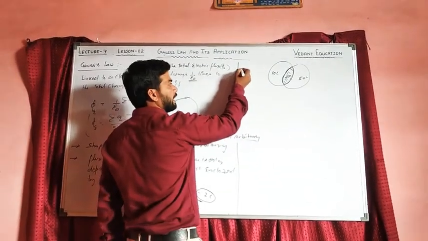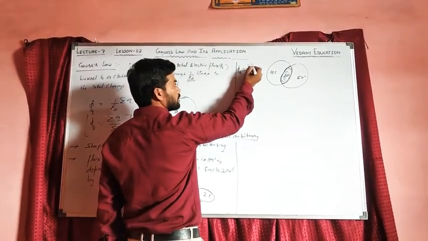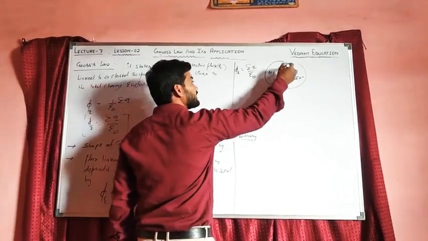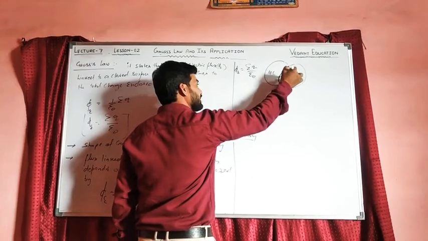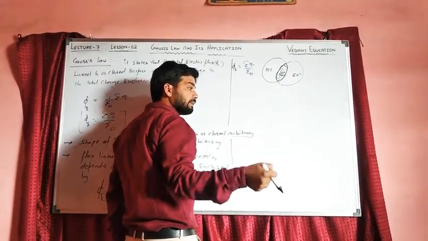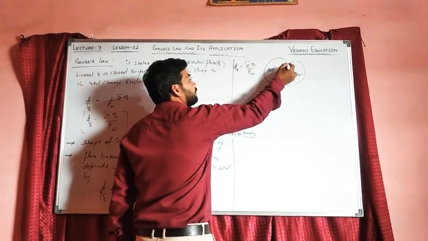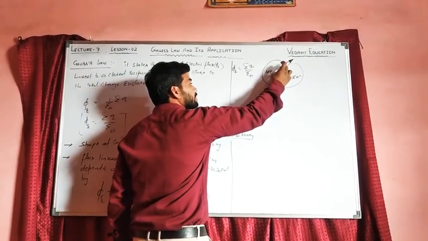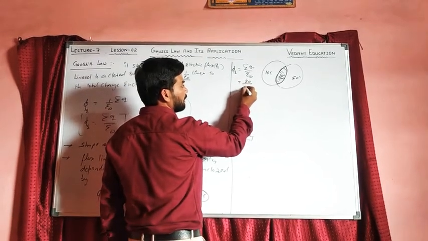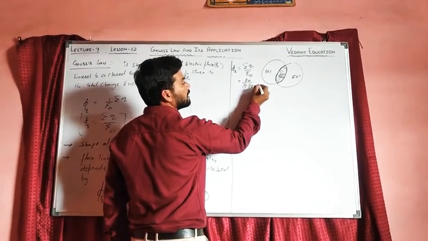Phi E equals summation Q by epsilon 0, the charge inside the surface only, that is the shaded portion only, because he is asking for the flux linked with the shaded portion. So 20 divided by 8.85 times 10 to the power minus 12.